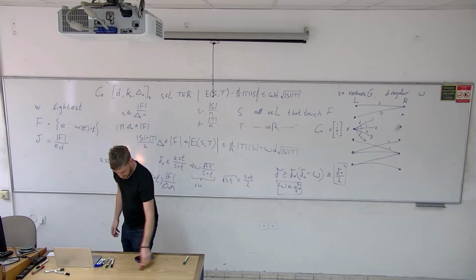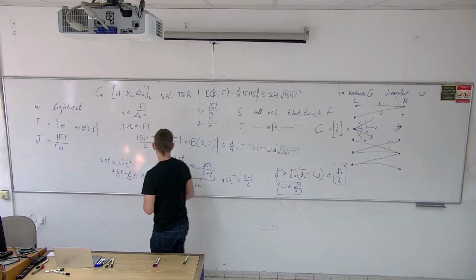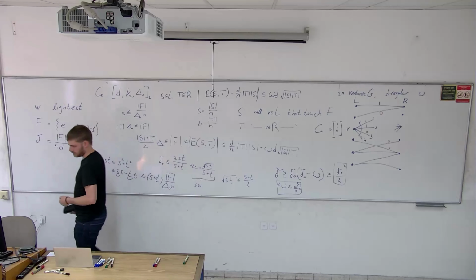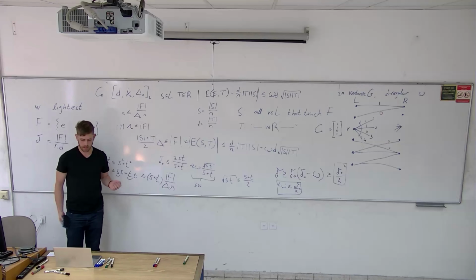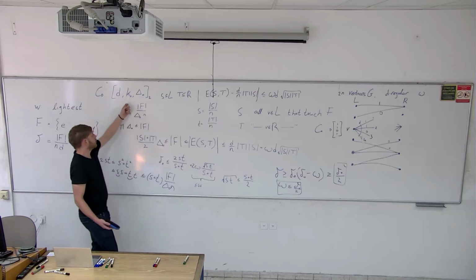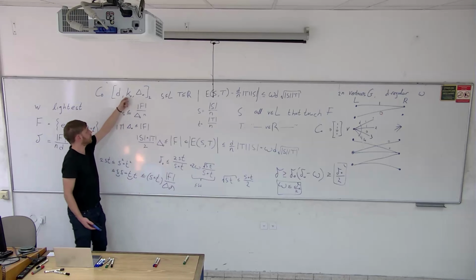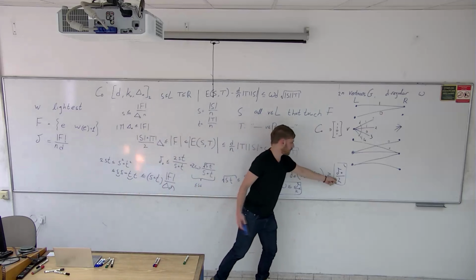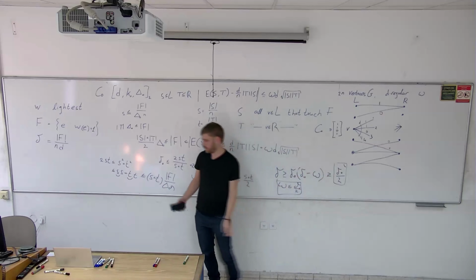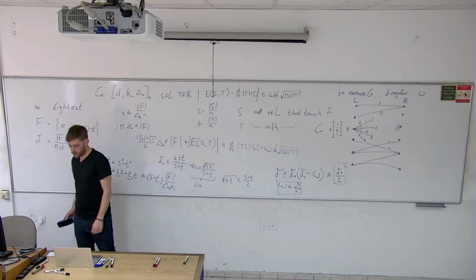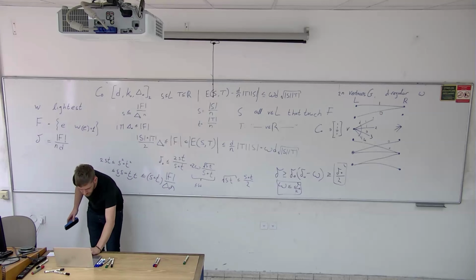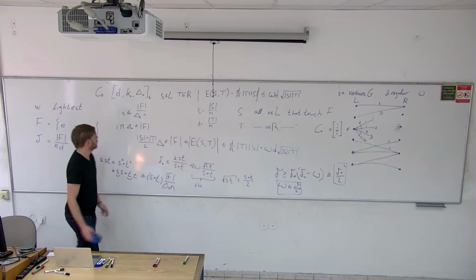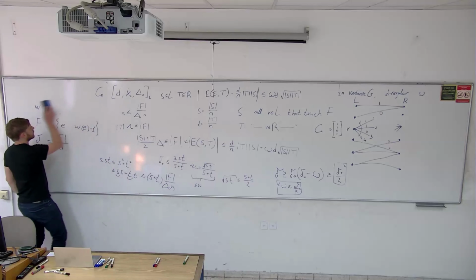Okay, let's move on. So we saw that the rate of the code is 2 rho 0 minus 1, and we saw that the distance of the code is delta naught squared over 2, and the only thing we have left is the decoding algorithm and 13 minutes. So not enough. Let's start.